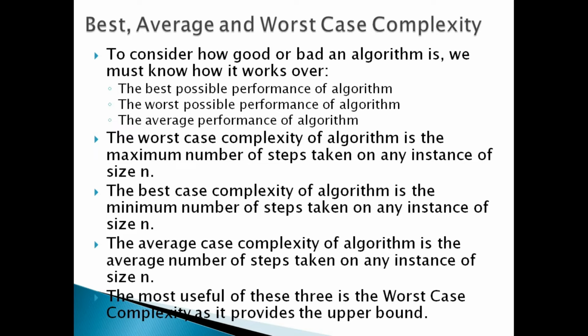Okay. So this is the example of best case, average case and worst case. And what is the most useful? Because you will be taking the upper bound, no? So you will be considering the worst case. Okay. So the most useful of these three is the worst case complexity, as it provides us the upper bound.